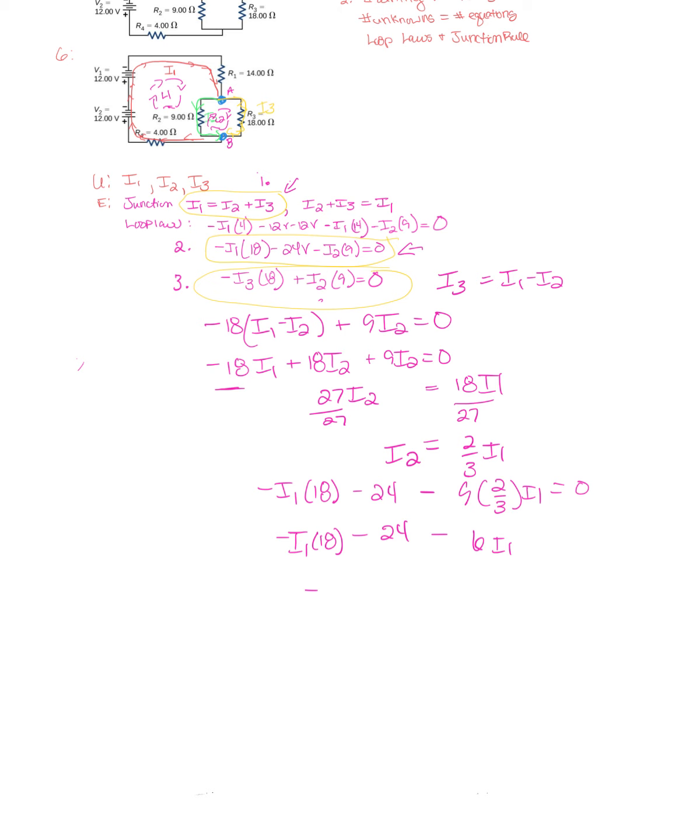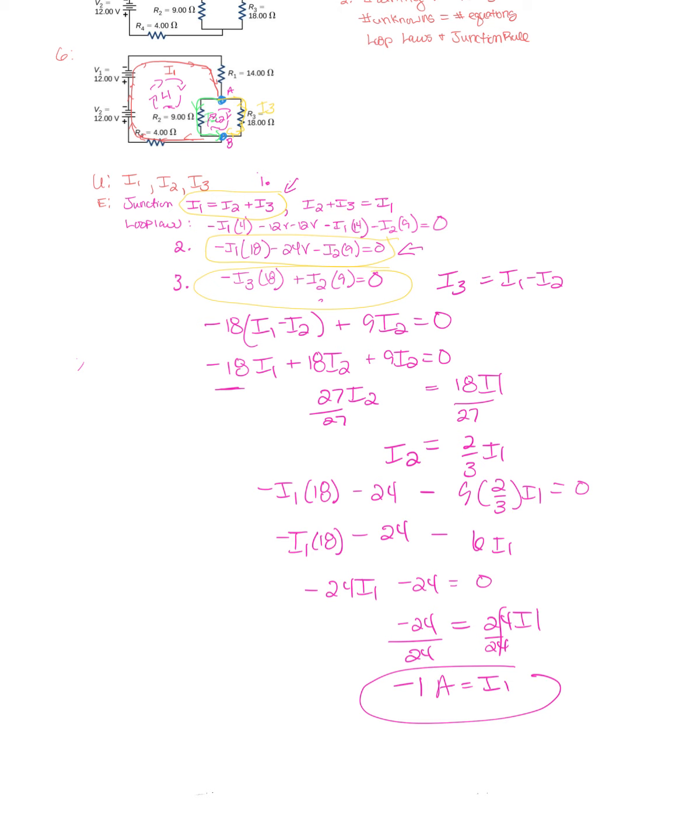So now we have negative 24 I1 minus 24 equals 0. Let's bring 24 I1 over, and then we have negative 24. And so when you divide this 24 away, you're going to get that I1 is equal to negative 1 amps.